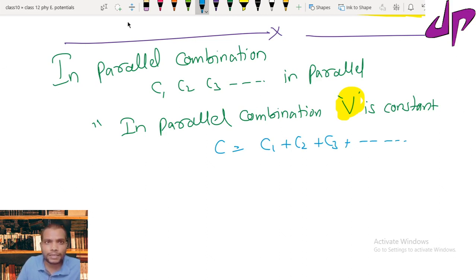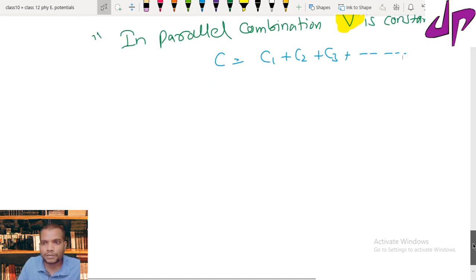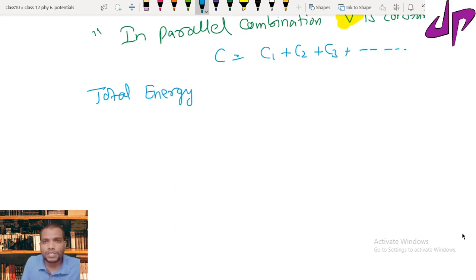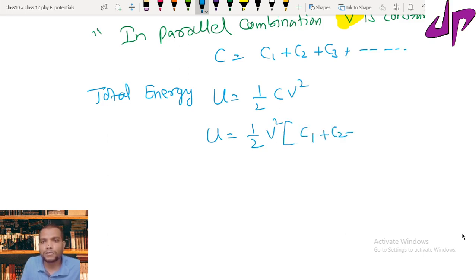So if I write the expression for total energy, since potential is constant, I can take the expression for energy stored, half CV square. In the place of C, we can replace the total capacitance C1 plus C2 plus C3 and so on.